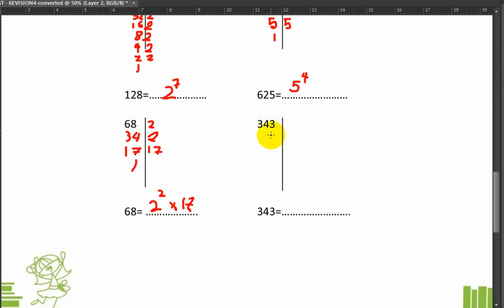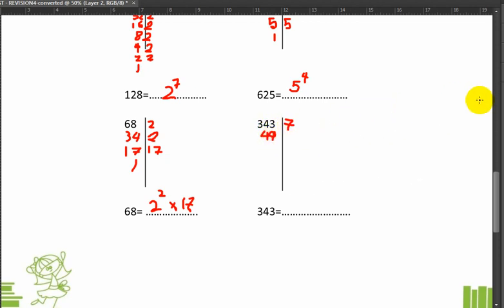343 is not divisible by 2, it is not divisible by 3, or by 4, or by 5. It's not divisible by 6. It is divisible by 7, however. 7 goes into 34 4 times, and then into the 63 9 times.